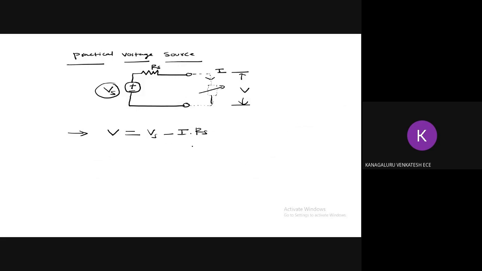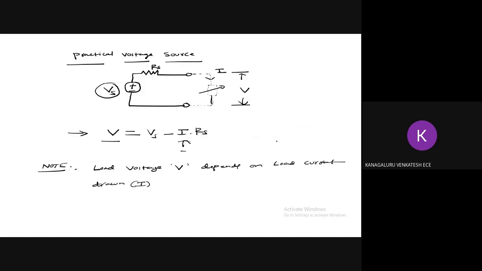Therefore, in case of a practical voltage source, the load voltage V depends on the load current I. So I can say that in case of a practical voltage source, the load voltage V depends on the load current drawn, let it be I here.